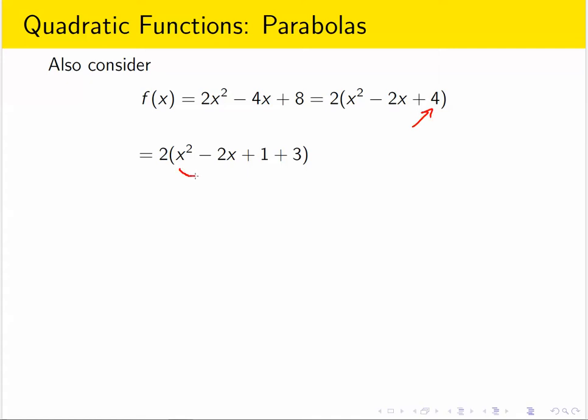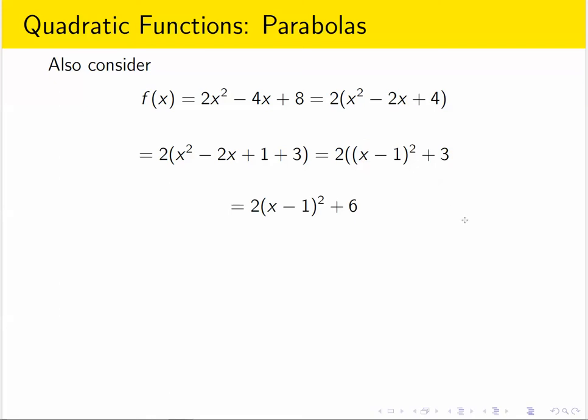The point of splitting it up the way I did is because the first three terms now are something that I can factor. In particular, these factor as x minus 1 quantity squared. And if I then redistribute this 2 everywhere, I have 2 times the quantity that's squared and 2 times 3. I'll simplify that 2 times 3 into 6.